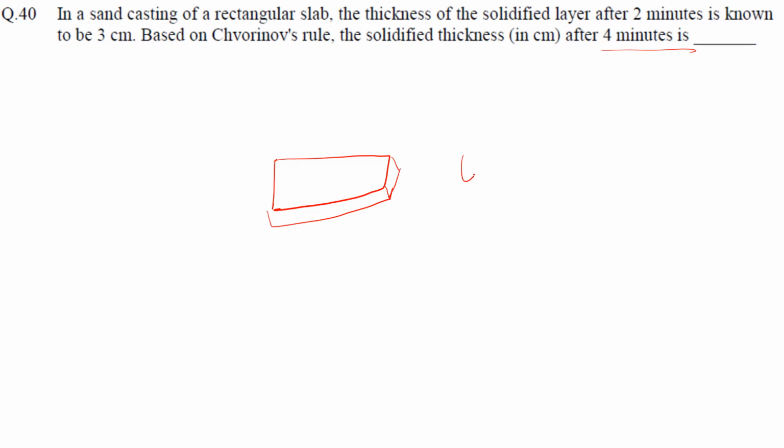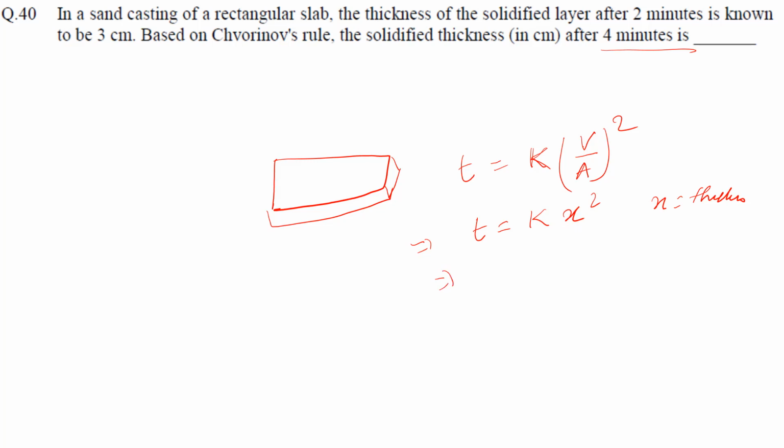It says solidification time is directly proportional to the mold constant K and to (V by A) whole square. X is the thickness; volume divided by area gives length. So T is equal to K x square.